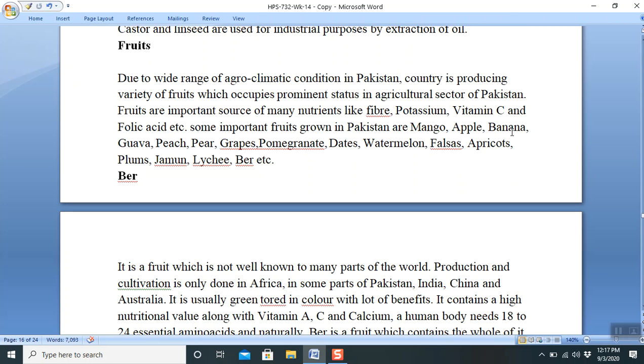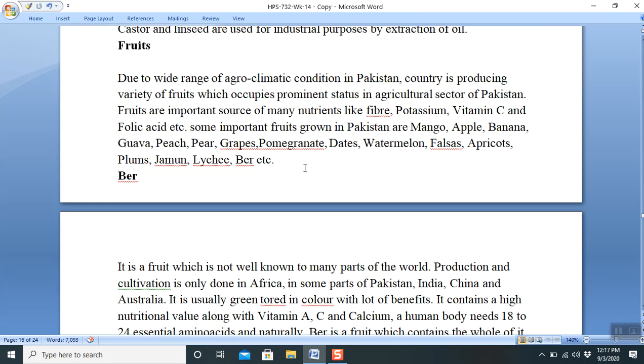So these crops, mango and banana and guava, are the crops of the hot, flat areas. Whereas Pakistan produces number one peach, almond, apples, pomegranates, grapes in the world.